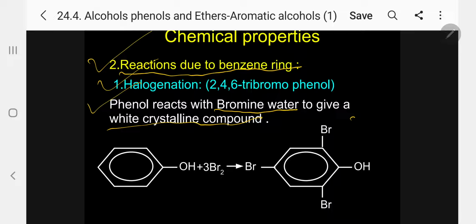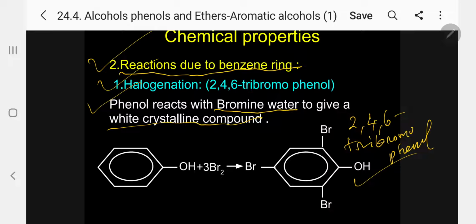The compound is 2,4,6-tribromophenol. A white precipitate is formed. Even in cold at room temperature this reaction takes place because of the powerful activating action of the OH group. Kindly follow.